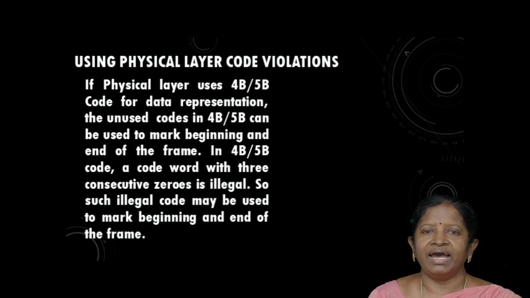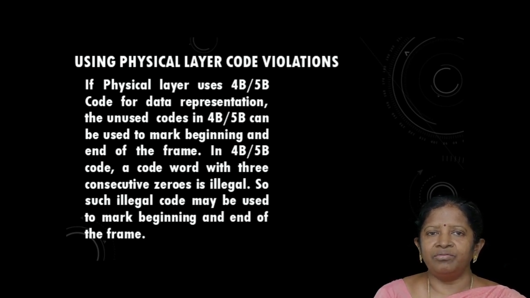So we do not have a consecutive 0 0 or consecutive 1 1 in the data. This concept can be used to mark the beginning of the frame and the end of the frame. Either you use 0 0 or you use 1 1 for marking the beginning and the end of the frame. Suppose the physical layer is using 4B/5B code.